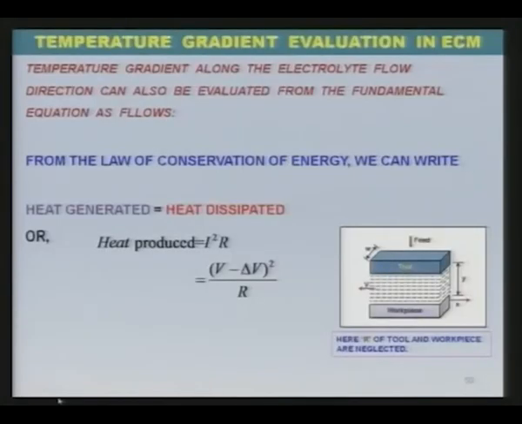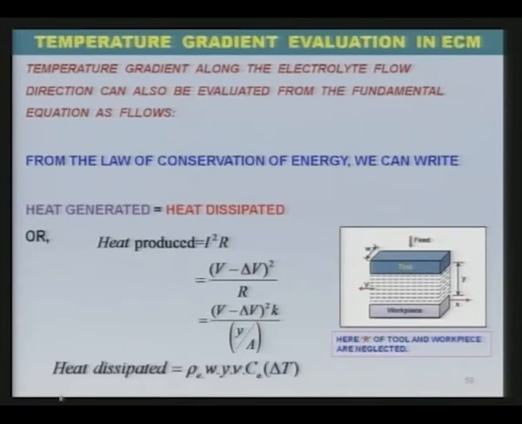So, the heat generated due to the resistance of the tool and the workpiece are neglected here, and we have taken only the heat generated due to the ohmic heating of the electrolyte. So, this can be written like (V minus delta V) whole square K over A. Now, note here that A is the cross sectional area through which the current is flowing in the electrolyte.